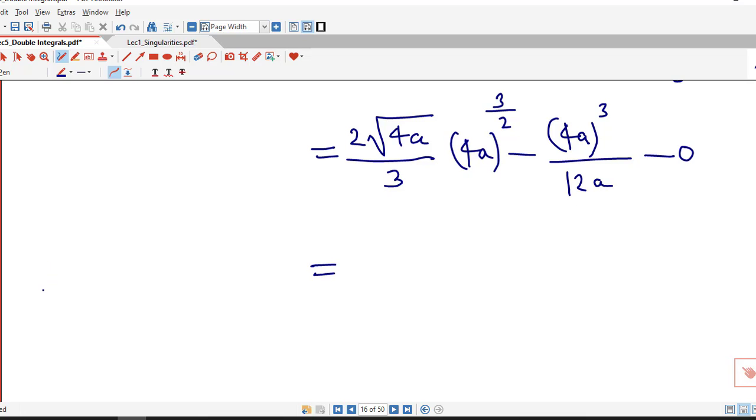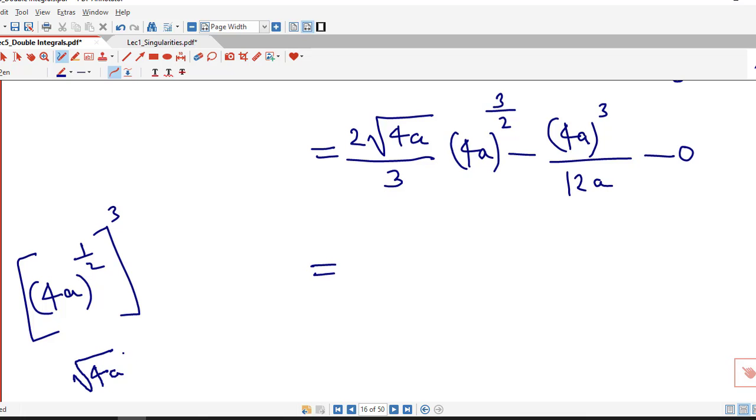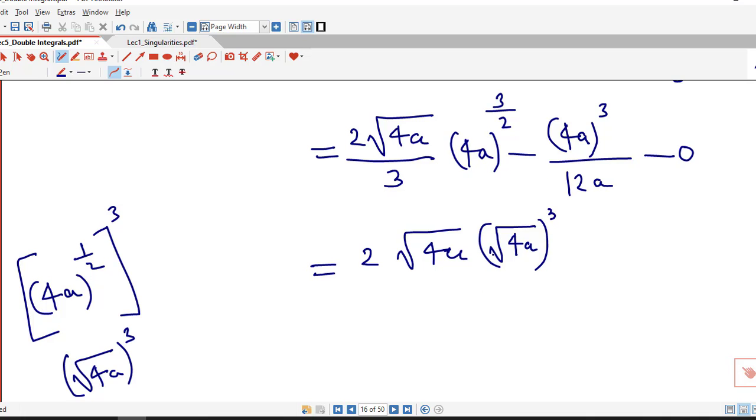So 4a raised to 3 by 2 means square root of 4a raised to 3. So that we can write as 4 square root of 4a raised to 3. So we rewrite 4a raised to 3 by 2 as cube of square root of 4a, so that we can combine these two, and this is going to be 4 raised to 3 into a cube divided by 12a.